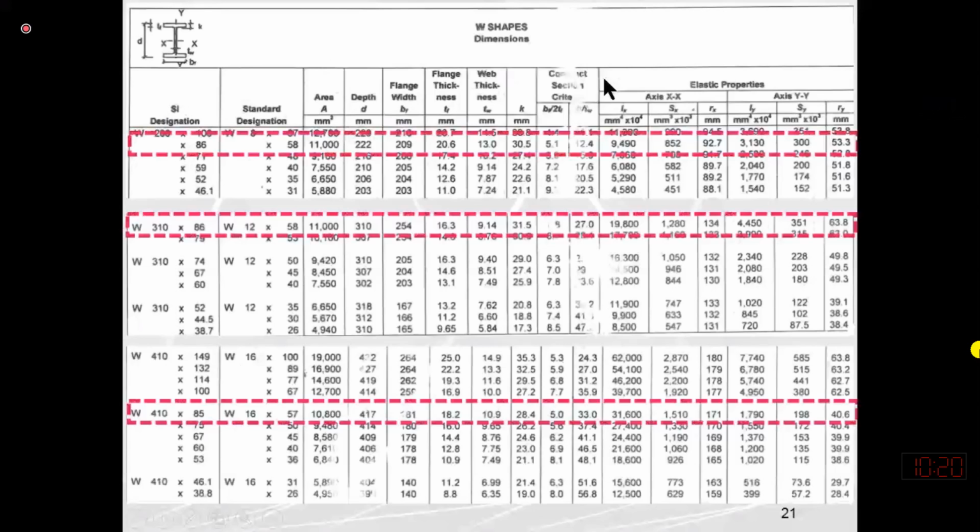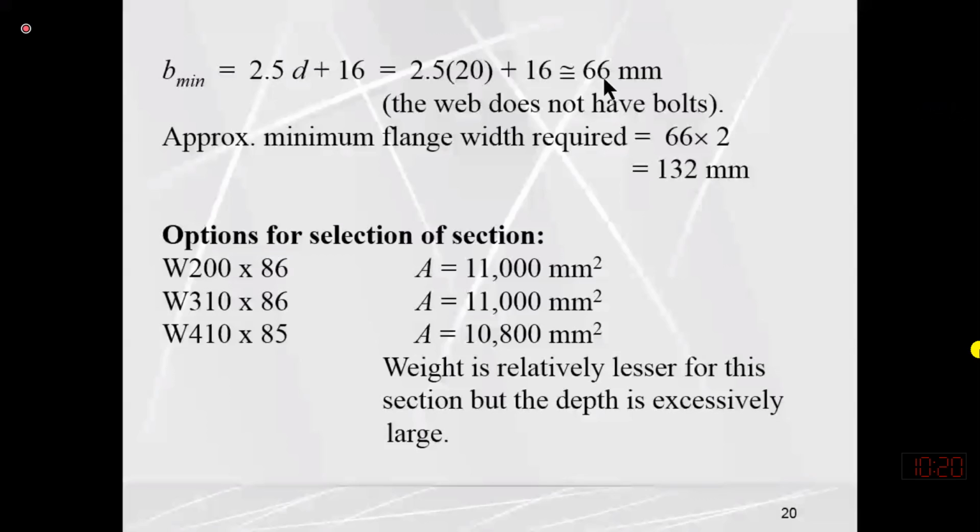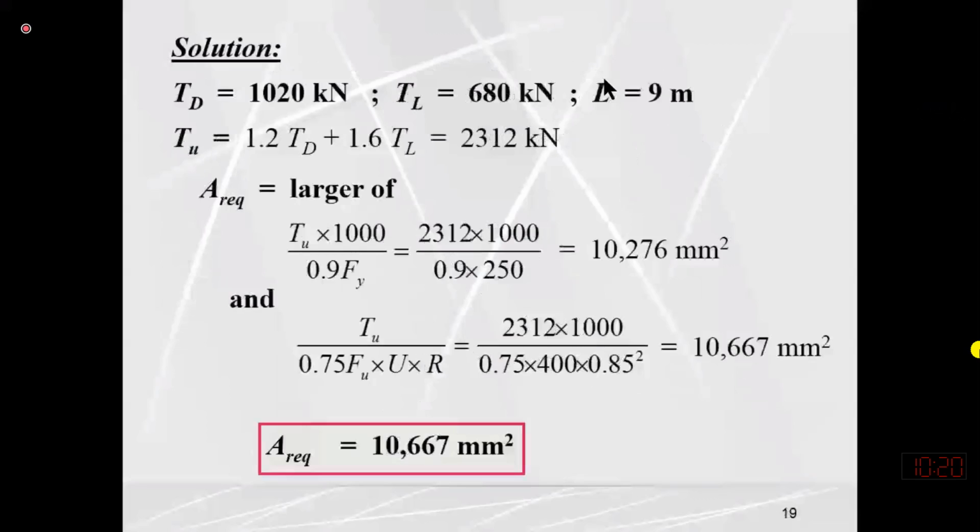Okay, here our required area is 10,667. If you have the LRFD manual, then open the page number. We have to select from AISC standard sections.